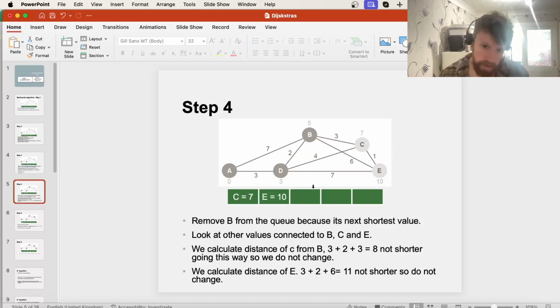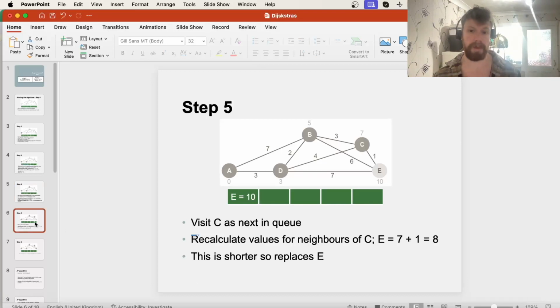Going to C from B is 3 plus 2 plus 3. That gives us 8. This is not shorter than 7, so we're not going to change this value. E is 3 plus 2 plus 6, because there's the line there. That gives us 11. This is not shorter, so we're not going to change it.